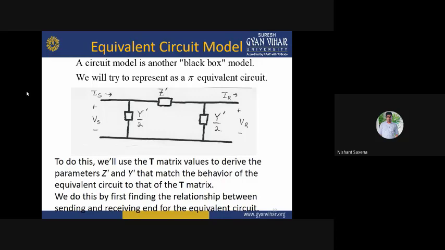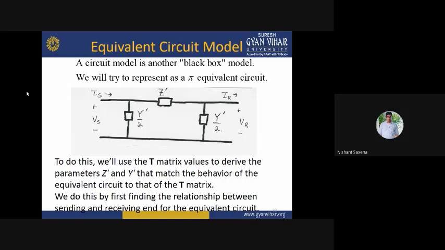If you have gone through the basic concepts of circuit analysis of two-port networks, it will be easy to understand. To do this, we will use the transmission matrix values to derive the parameters Z' and Y' that match the behavior of the equivalent circuit to that of the T matrix.